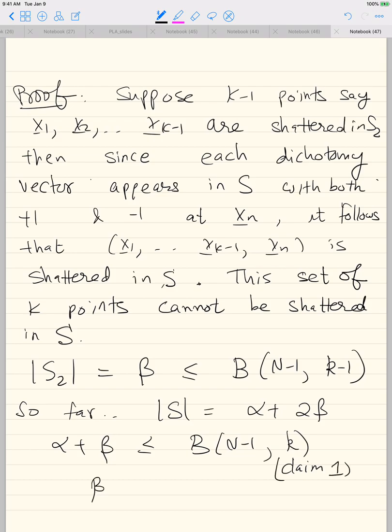And then we showed that beta is less than b of n minus 1, k minus 1. This was claim 2. This is all we have shown so far. So now to get the size of S, it's alpha plus 2 beta, which is the sum of the two quantities on the left-hand side, which is upper bounded by the sum of the two quantities on the right-hand side, and that will be our recursion.